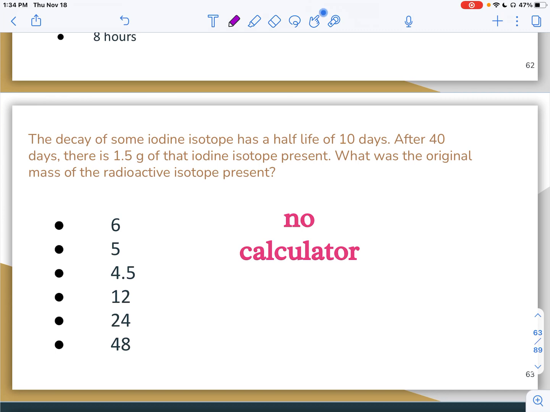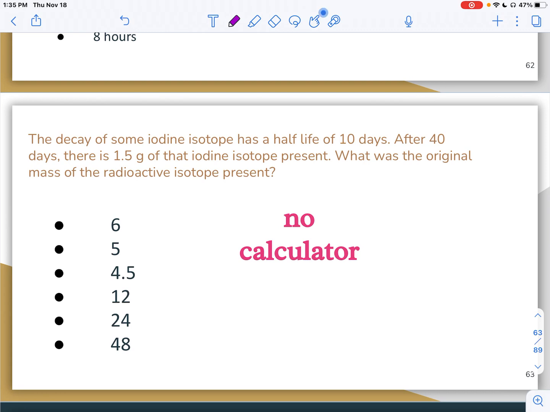Here, the decay of an iodine isotope, you'll hear isotope a lot in these because they're radioactive, has a half-life of 10 days. After 40 days, there is 1.5 grams of that iodine isotope present. What was the original mass? We're going to do the same thing, except go backwards.